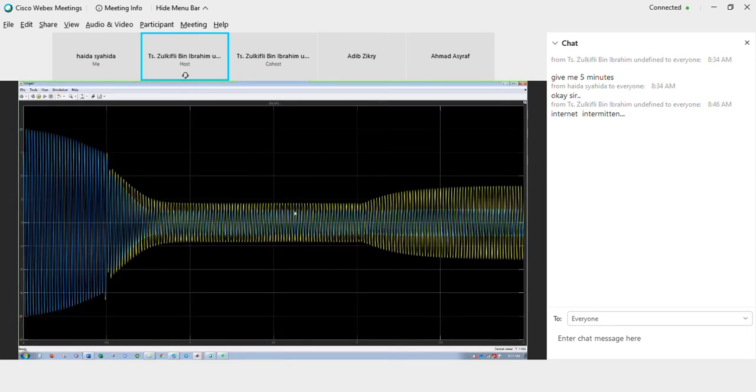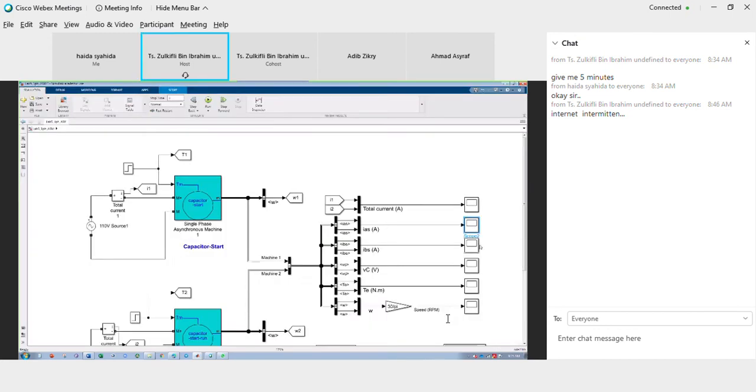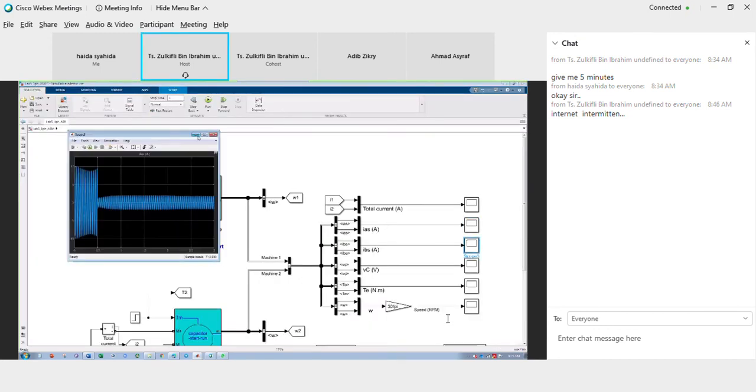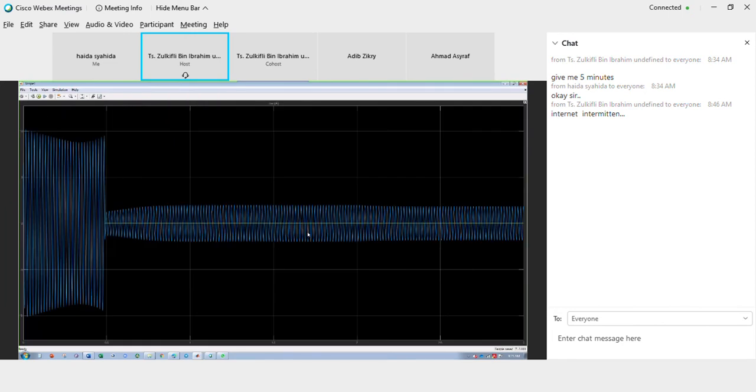Wait, this is IAS, no, it's not. This one. I want IB. Okay, so this is IB. Can you see?